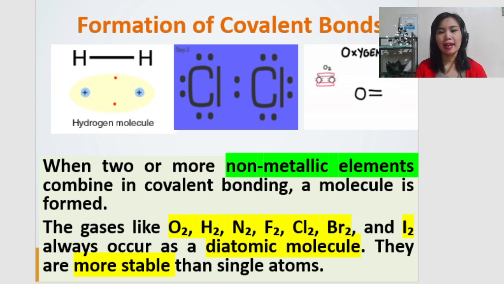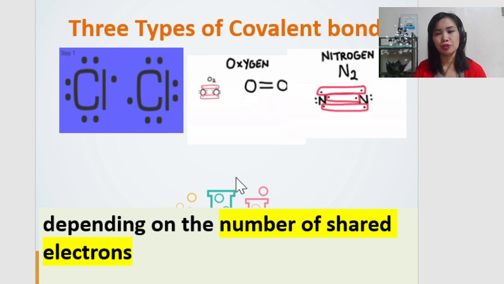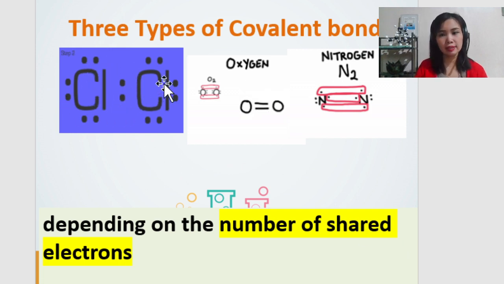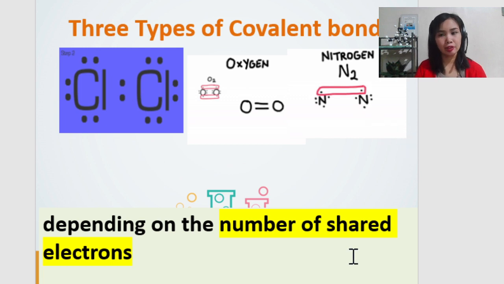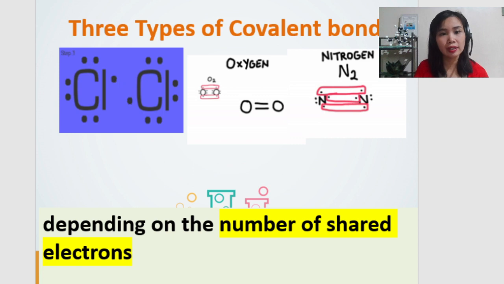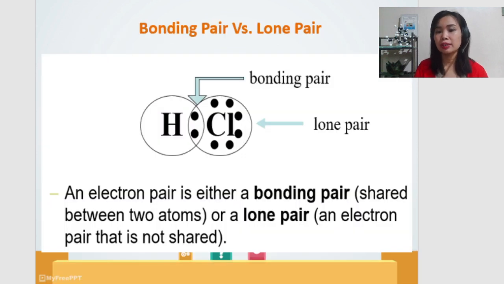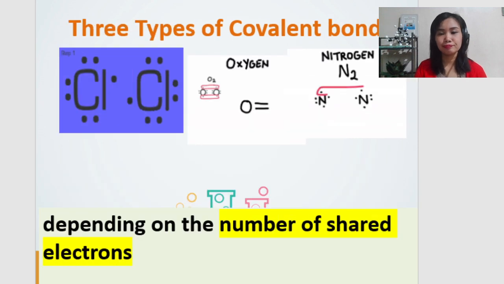Okay? Next. There are three types of covalent bonds, depending on the number of shared electrons. So what we have here is the single bond, the double bond, and the triple bond. Okay, the shared ones, those shared are the bonding pair. Okay, moving on.